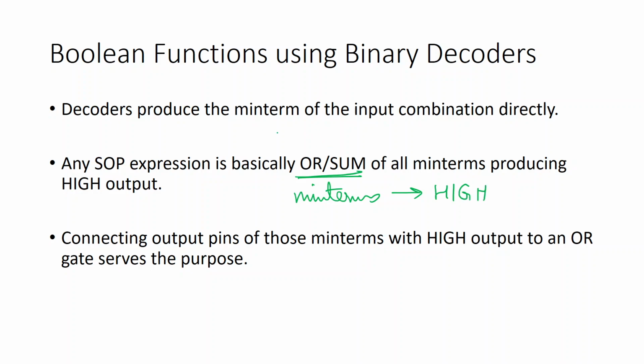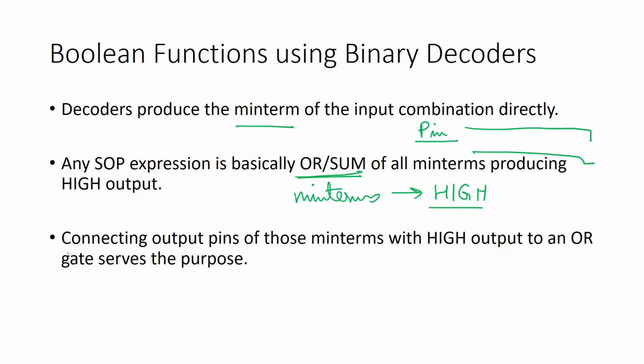Now you know that when a particular min term is coming at the decoder input side, which particular pin is getting high. So what you need to do is take that pin outside, and such other pins whichever min terms you know should be producing a high output, you take those pins out and pass through an OR gate.